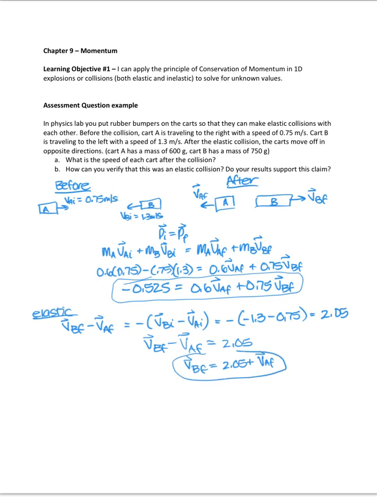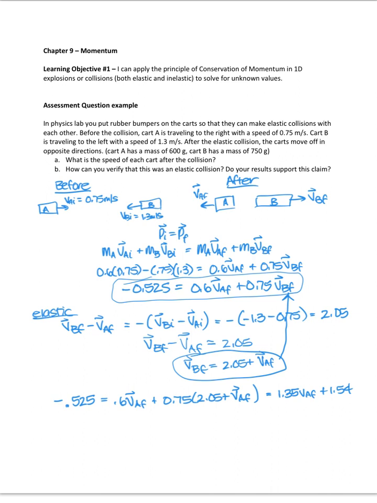So I can use this, and I'm going to substitute into here in order to solve for my unknown. So I get minus 0.525 equals 0.6 VAF plus 0.75 times 2.05 plus VAF. So that's what I've substituted in for VBF. So I get 1.35 VAF plus 1.54.